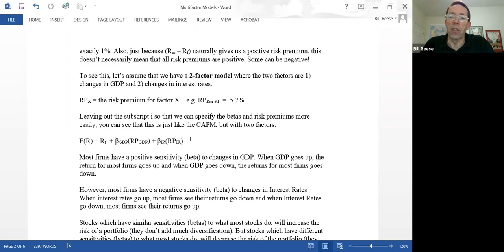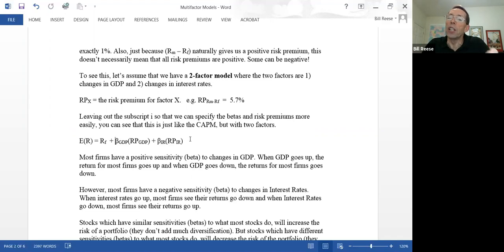And how about sensitivities? The beta in the CAPM measured your sensitivity to R sub m minus R sub f. That was what we found through the regression. If the market goes up by 1%, Amazon tends to go up by 1.4%. The market goes down by 1%, Amazon, on average, goes down by 1.4%.